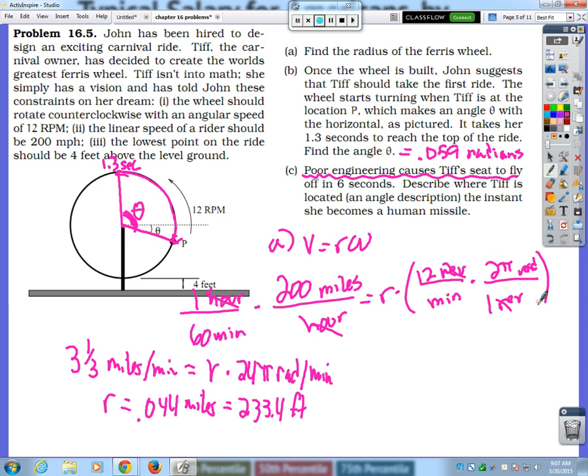Okay, how do you know she goes around at least once? What's that? Hold on, I just want 12 revolutions per minute. Okay, so she's going to go around more than once.